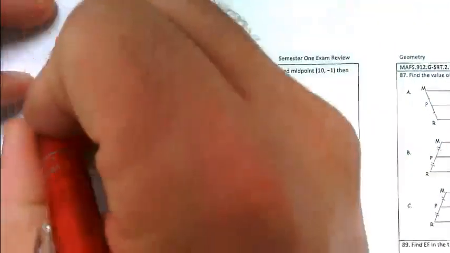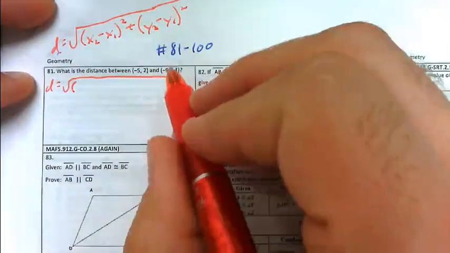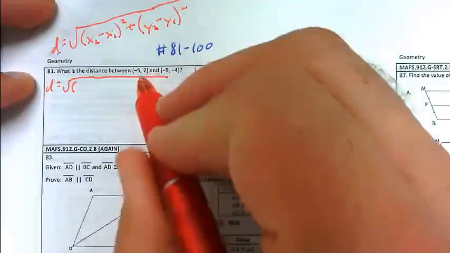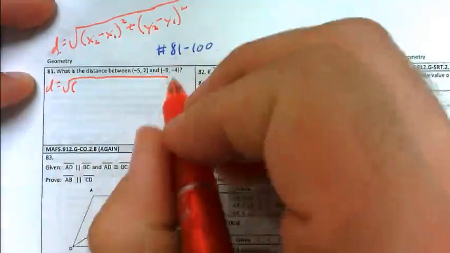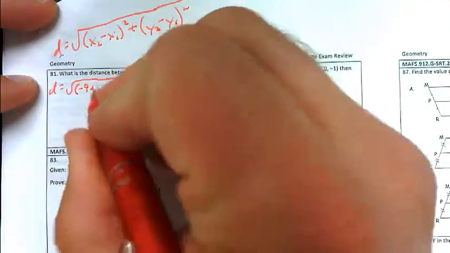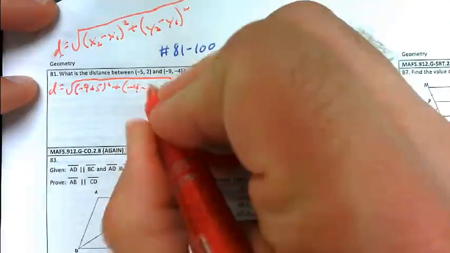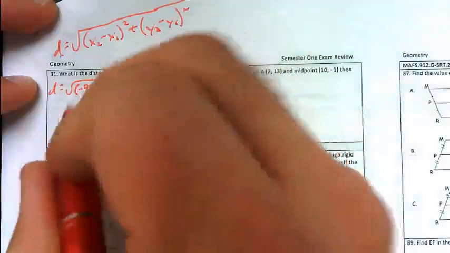Now, plugging in these points, I'm just going to plug it in as you see there, and we'll simplify. So I'll use this one as my x1, y1, x2, y2. Actually, let's do negative 9 first. Negative 9 minus negative 5, so that becomes plus 5 squared, plus negative 4 minus 2 squared.